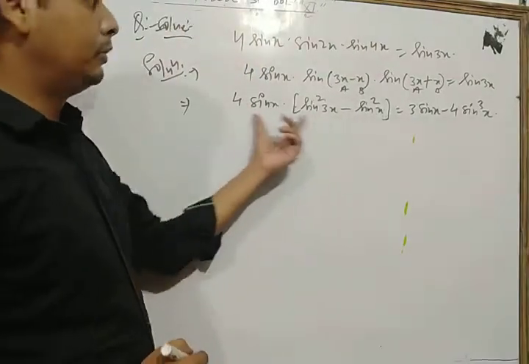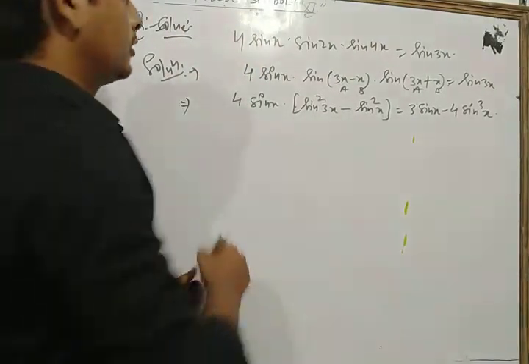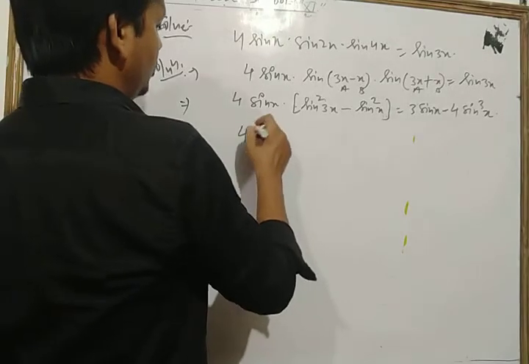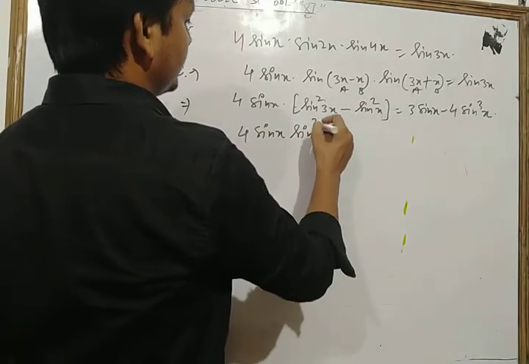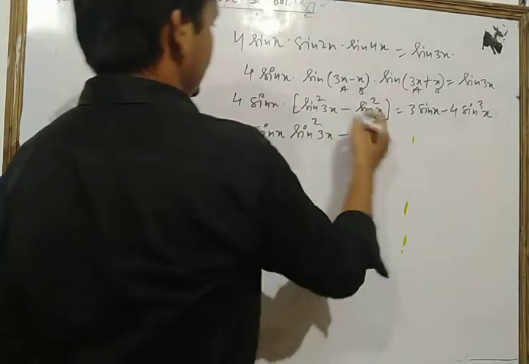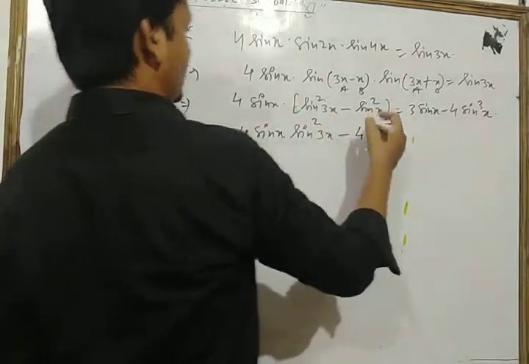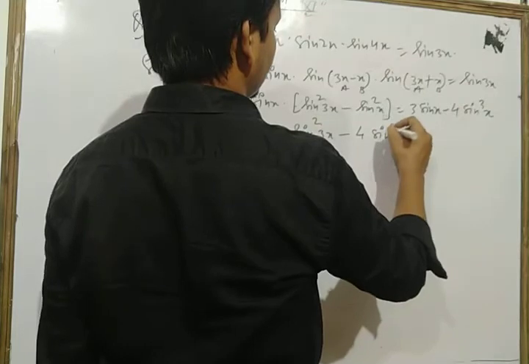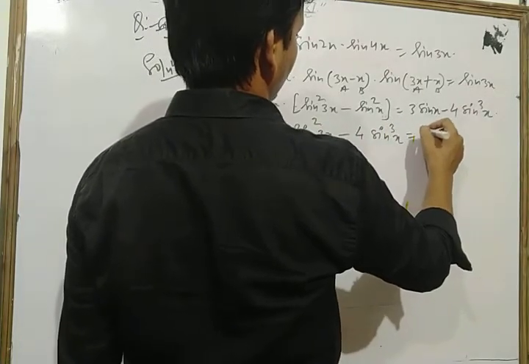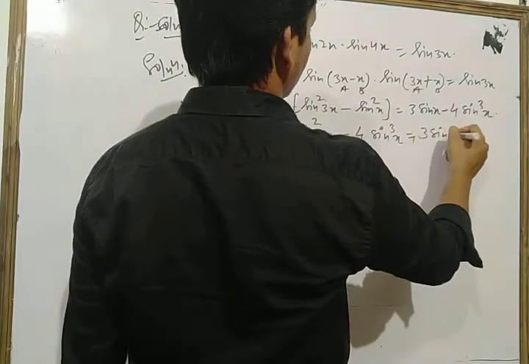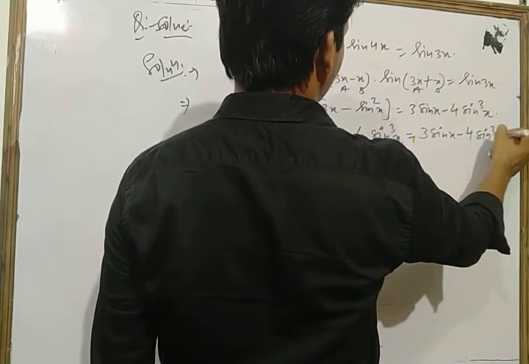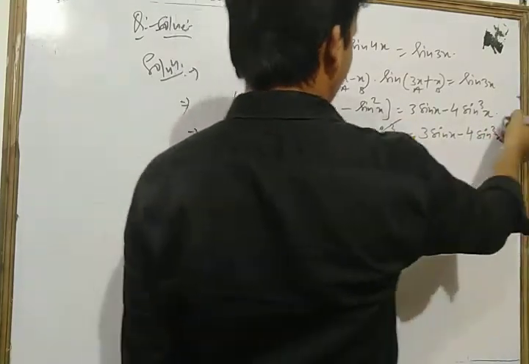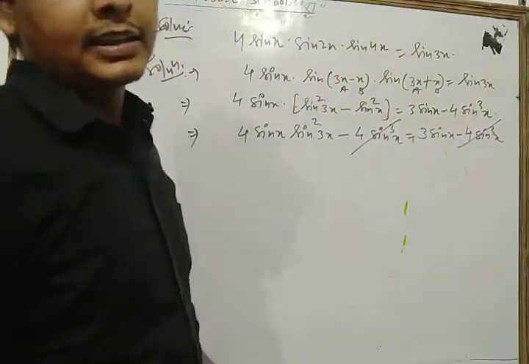Now we multiply each term. That is 4 sin x sin²3x minus 4 sin³x is equal to 3 sin x minus 4 sin³x. Let's see, 4 sin³x and 4 sin³x cancel each other.